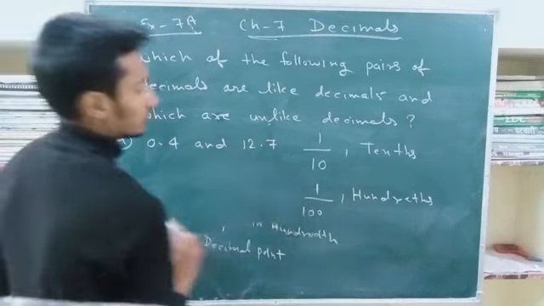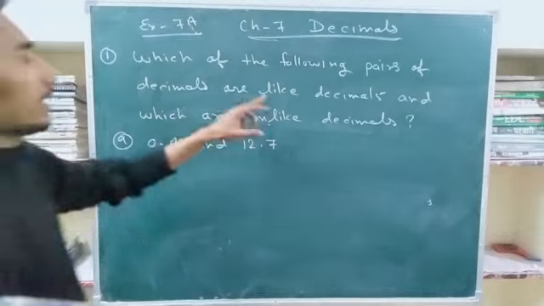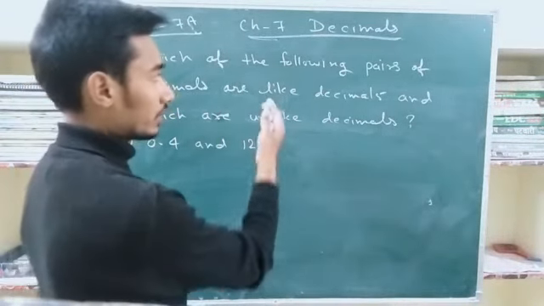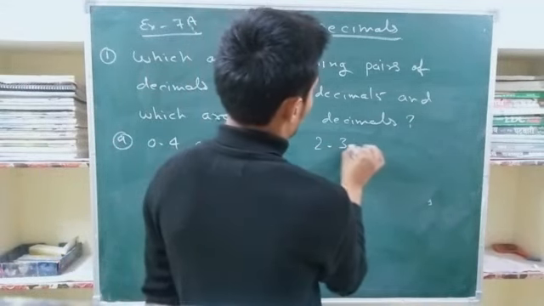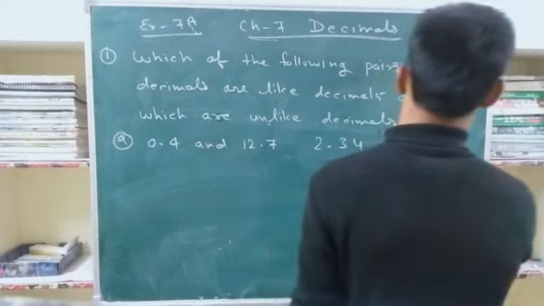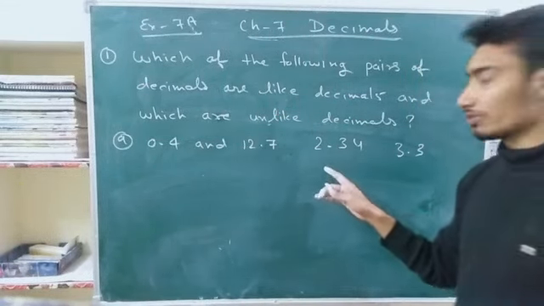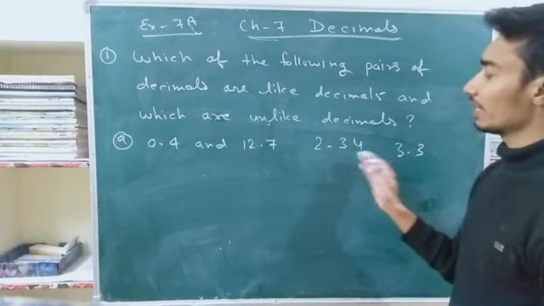Now look at this. Like and unlike decimals. So what are like and unlike decimals? If we have two decimals, 2.34 and 2.3, we have to check whether these are like or unlike.